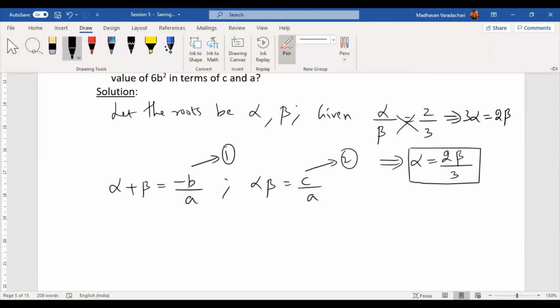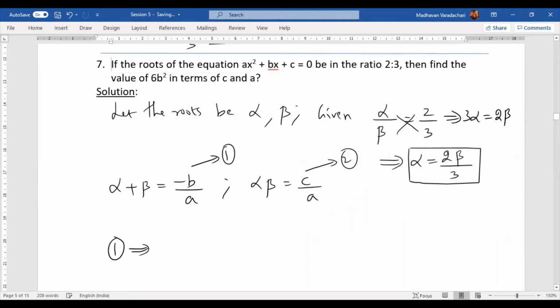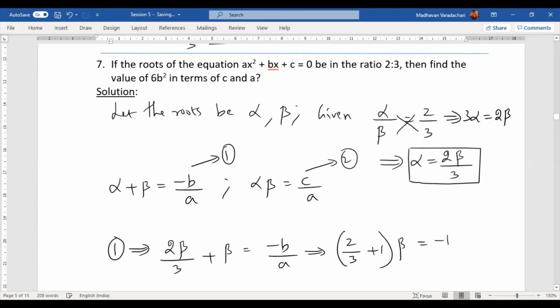Based on the equations, I can write equation 1 as alpha, which we know is 2 times beta by 3, plus beta equal to minus b by a. Further, I can take beta common. So you will have 2 by 3 plus 1 times beta equal to minus b by a.